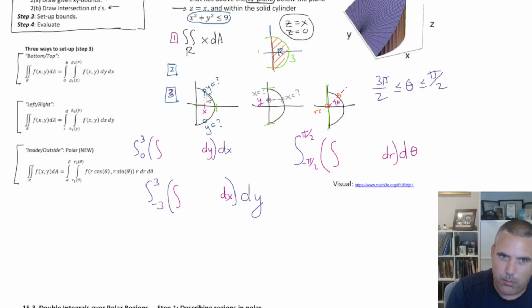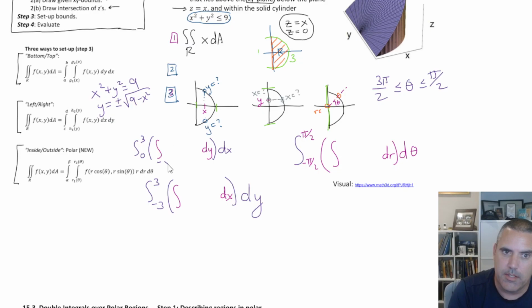So the biggest and smallest, these are both points on the circle. So I need to take the equation for the circle and solve for y in terms of x. Y equals plus or minus the square root of 9 minus x squared. And I'm using both, the negative y and the positive y.